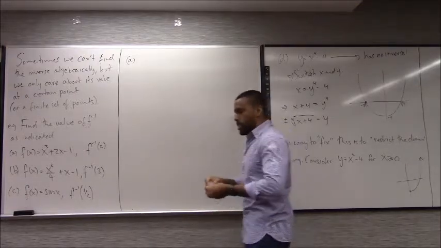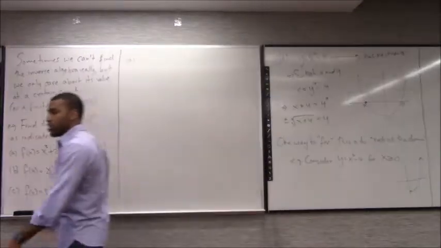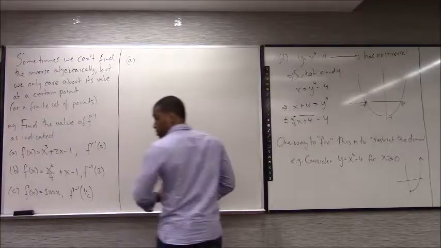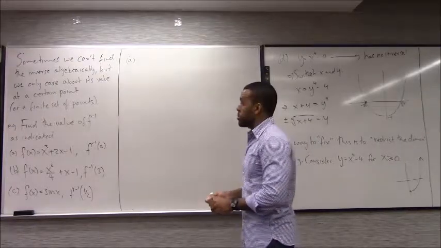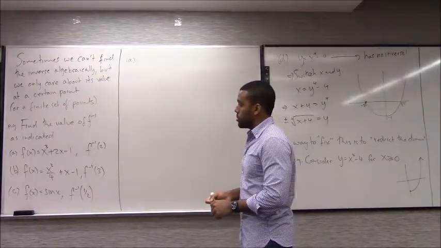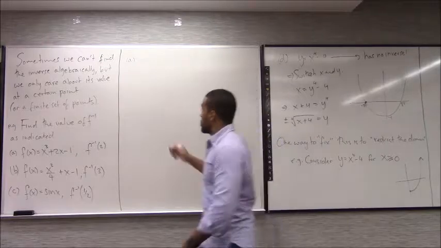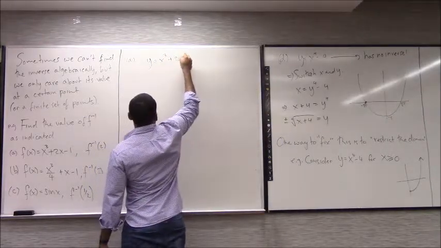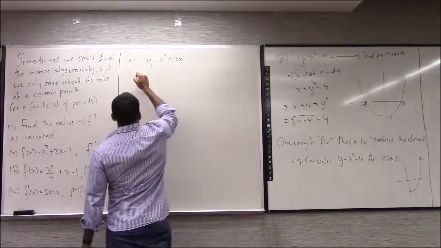Okay, how do you find the inverse of the function at the point 2? Yeah? First switch the x and y to solve for y, and then you find the inverse and plug into it.